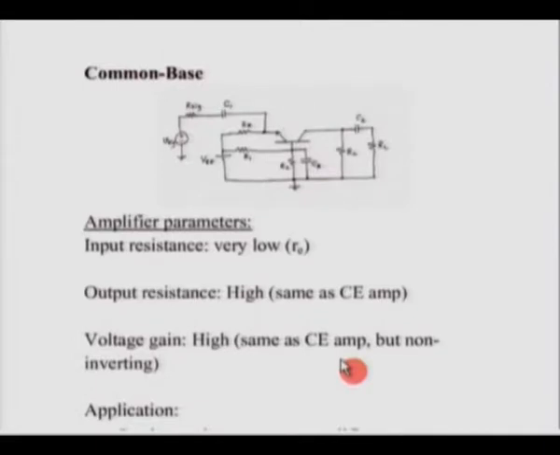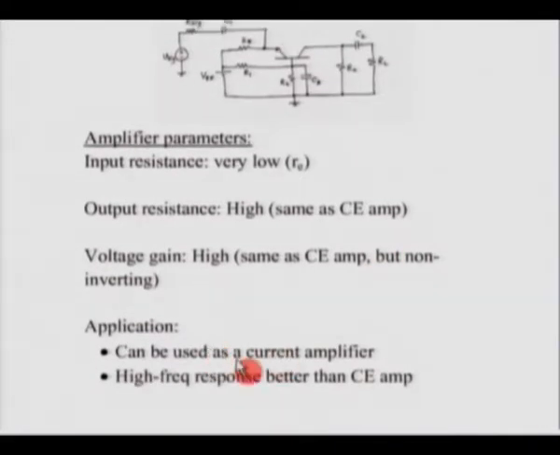Now what is the application of a common base amplifier? For the common emitter amplifier, we said that even though its input resistance is not very high and output resistance is not low, still for simple modest applications you could use it. The common base amplifier, its input resistance being very low, can be used as a current amplifier.